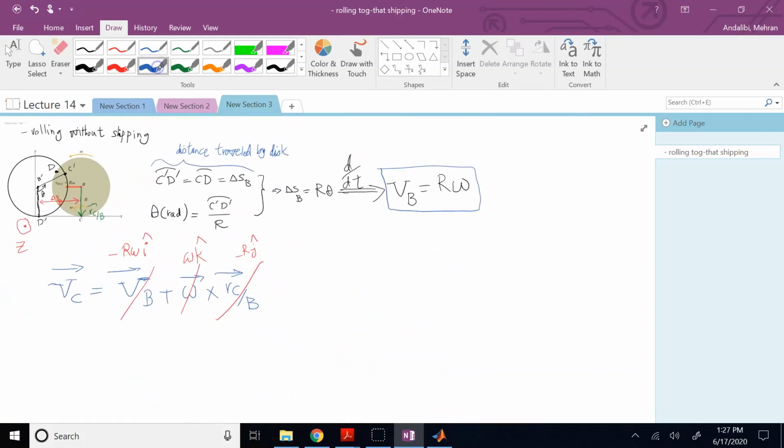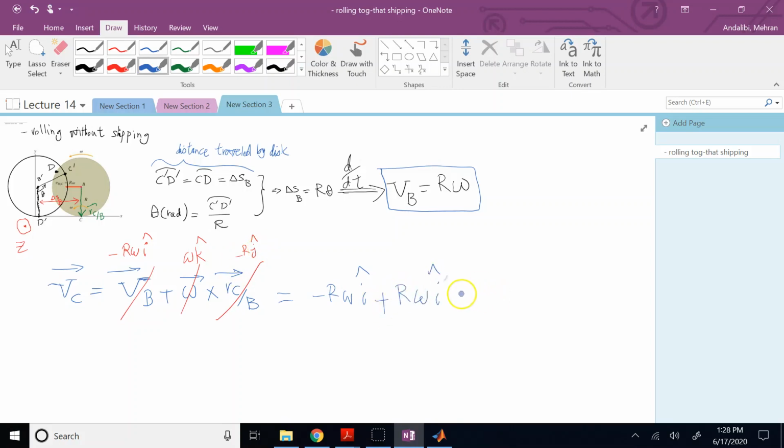And now what would you get? You're going to get negative r omega i, and then what is this one? It's going to be negative r omega k cross j, and k cross j is what? It's negative i. But you have another negative, so you're going to get positive i.